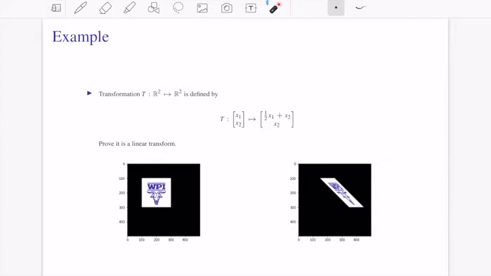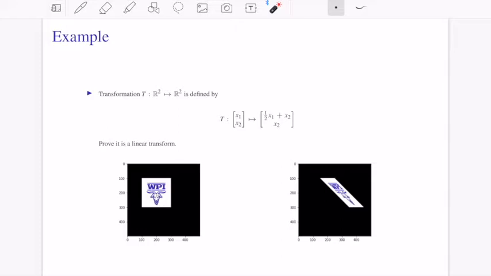And that transformation is given by, for any x1, x2 in the domain, so any two-dimensional vector, after the transform it goes to a different coordinate. The first coordinate, the horizontal coordinate, is transformed to half of x1 plus x2. The second one stays the same. And that kind of transformation gives us this picture from a square to a parallelogram.